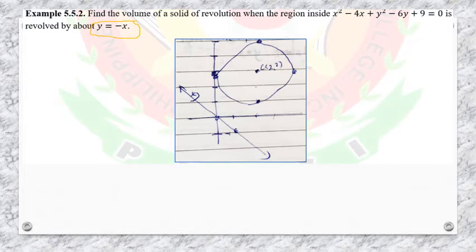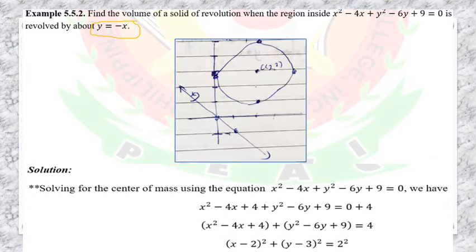Okay, so para malaman natin yung center of mass, kasi always hinahanap yung center of mass sa Theorem of Pappus para obtain natin yung distance from the center of mass to the axis of revolution. So, solving for the center of mass class using the given equation x squared minus 4x plus y squared minus 6y plus 9 equals to 0.